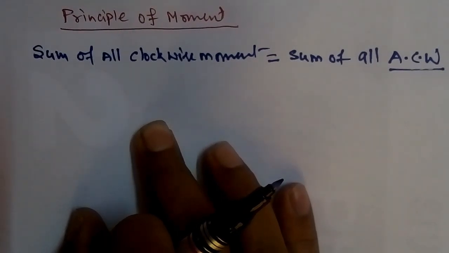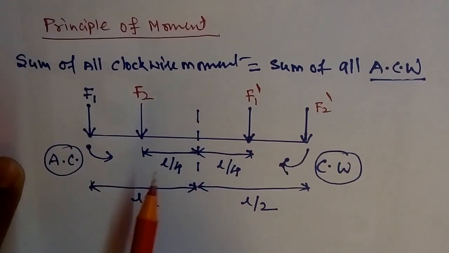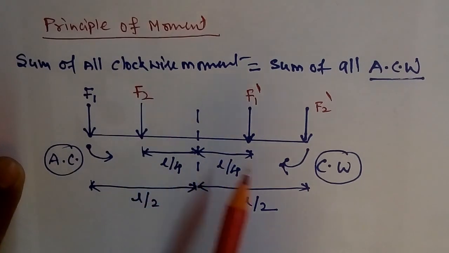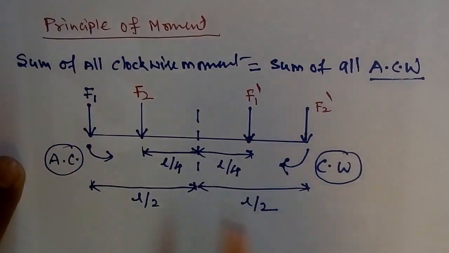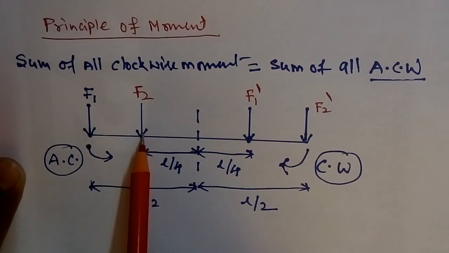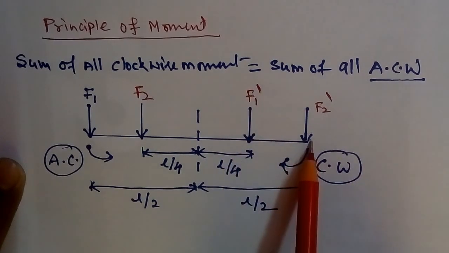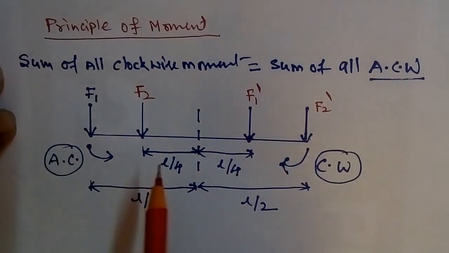So students, the sum of all clockwise moments is equal to the sum of all anti-clockwise moments. Let us try to understand the principle of moments by this particular diagram. Here, as you can see, there are four forces acting: F1 and F2, and two forces F1 prime and F2 prime.